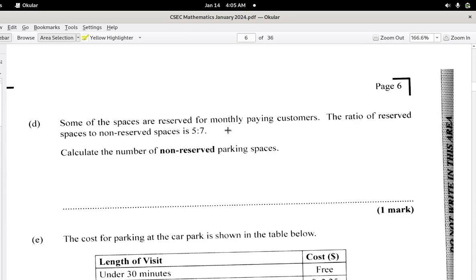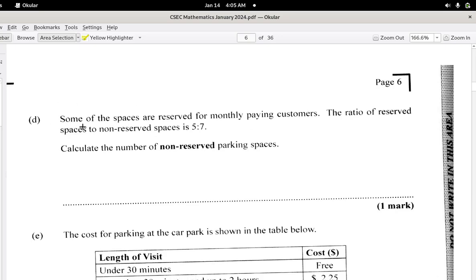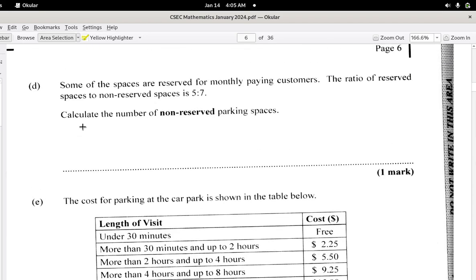Some of the spaces are reserved for monthly paying customers. The ratio of reserved spaces to non-reserved spaces is 5 to 7. Calculate the number of non-reserved spaces. So here, reserved to non-reserved is 5 to 7. That means 5 reserved to every 7 non-reserved.